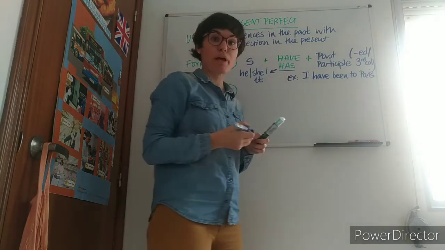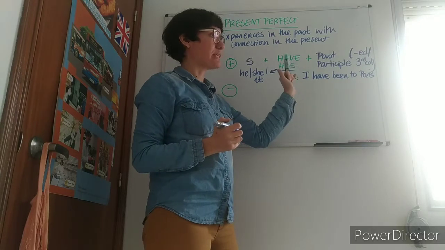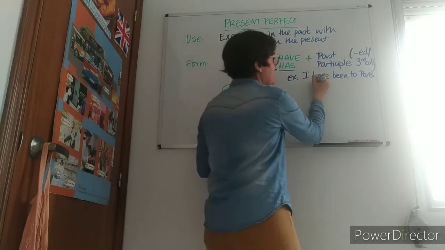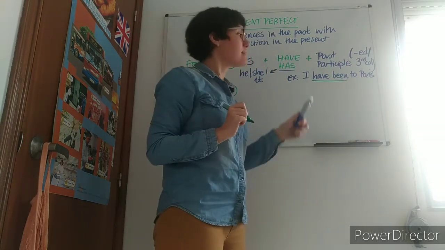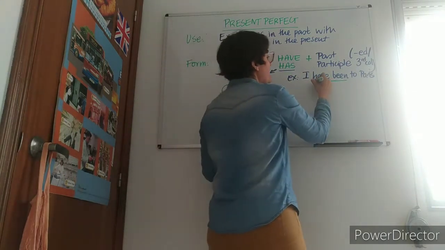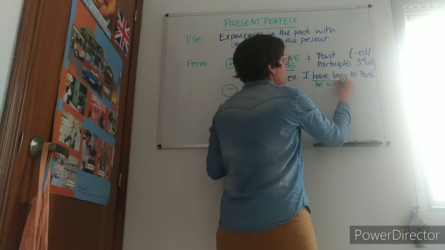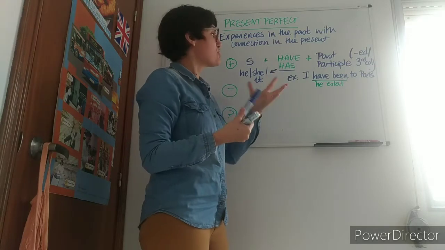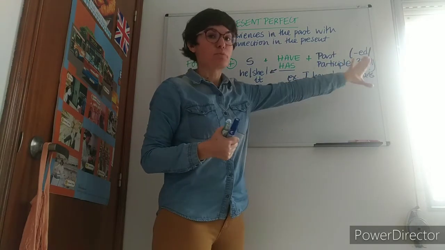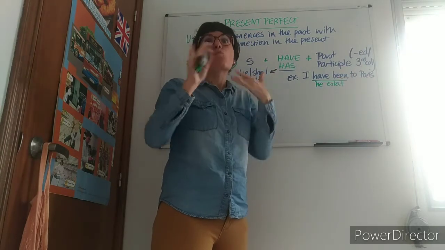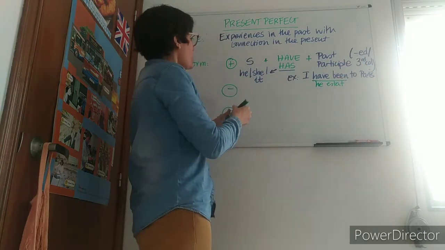I have been to Paris is a present perfect, a simple sentence in the affirmative, and that will be translated as yo he estado en París. So, he estado would be the equivalent in Spanish, in Valencian, to I have been to Paris. That means it was in the past, but I don't say when in the past, okay?